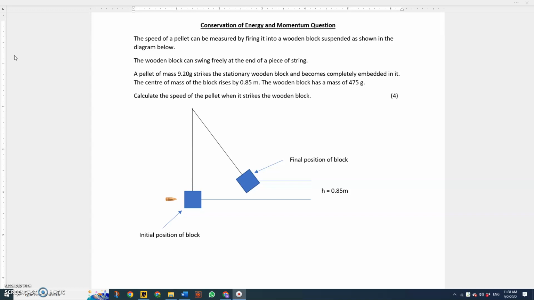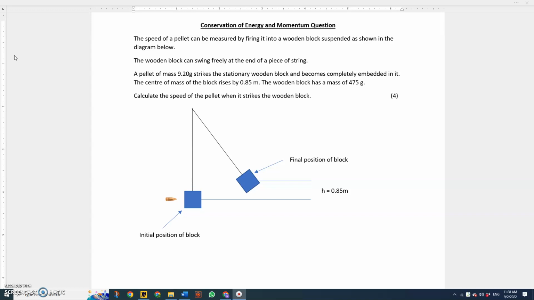The speed of a pellet can be measured by firing it into a wooden block suspended as shown in the diagram below. The wooden block can swing freely at the end of a piece of string, and the pellet has a mass of 9.20 grams.